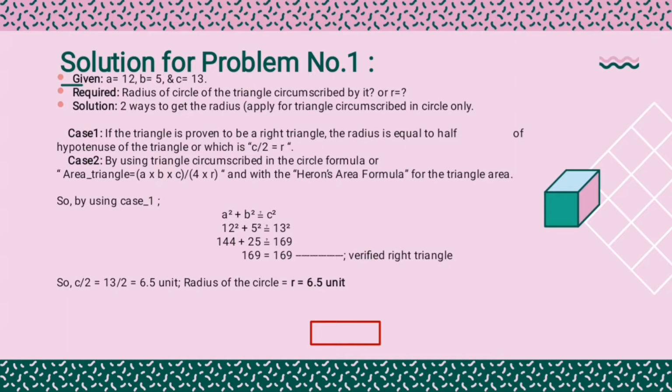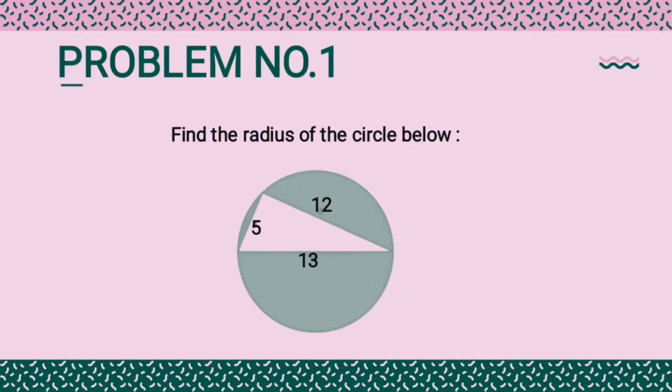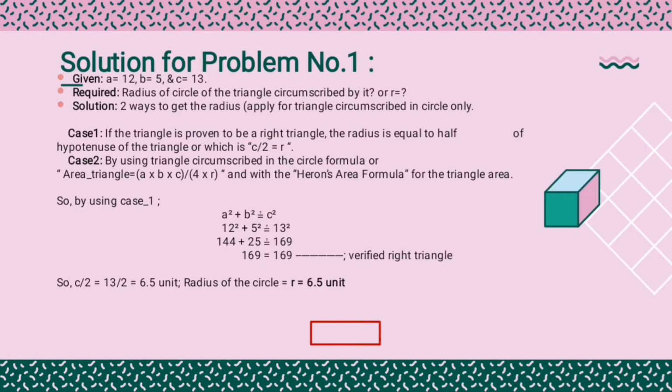Since the triangle inside the circle has all different sides, or the sides are already given, we can use case number 1 to prove that the triangle is a right triangle. So we use the Pythagorean theorem to prove that the triangle inside the circle is a right triangle.